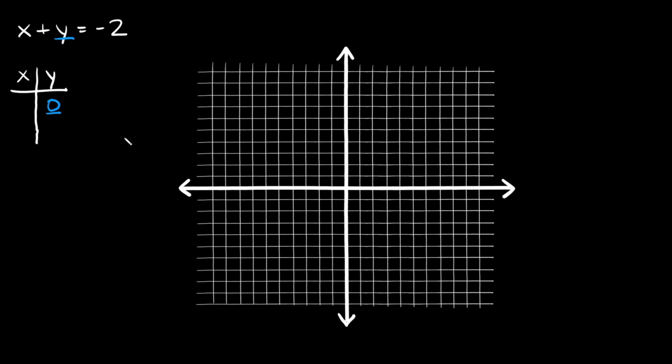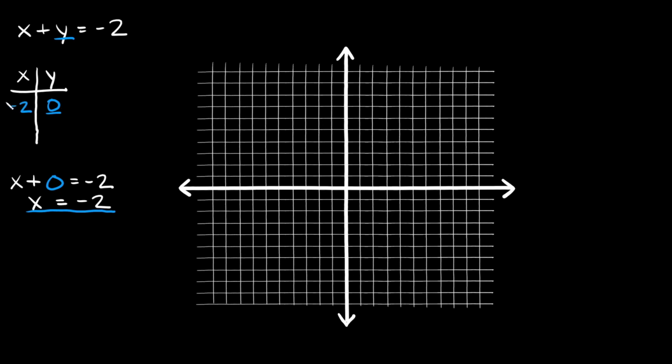So rewriting our equation up here, we're going to have x plus y, which is 0, is equal to -2. So x plus 0, that's just equal to x. So x is equal to -2. So we found what our x coordinate is, -2.